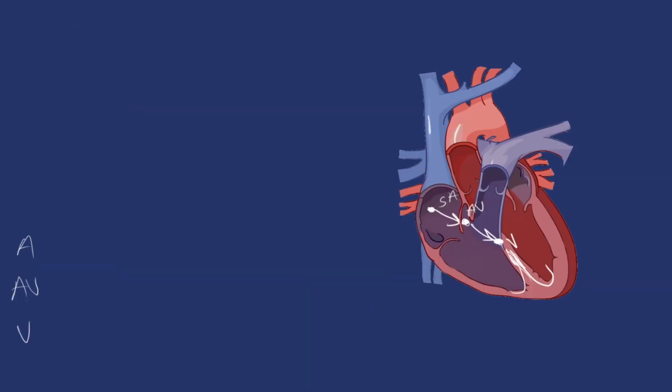So this next part here, we're going to start expanding on it and doing these things called laddergrams. If you understand the conduction system and that nomenclature that we just used for talking about these rhythms, this should hopefully help bring things together and make you understand it significantly better as to what's going on. So whenever we do our laddergram, we have A for the atria, AV for the AV node, and then V for the ventricles.